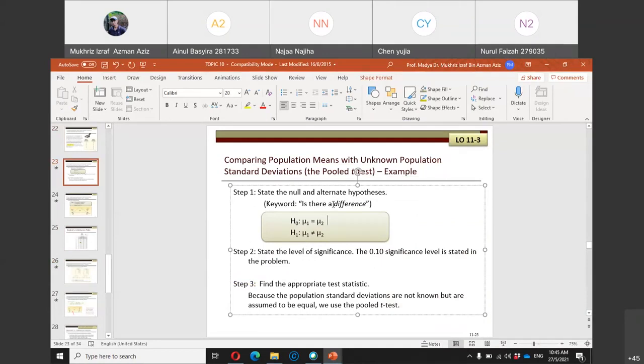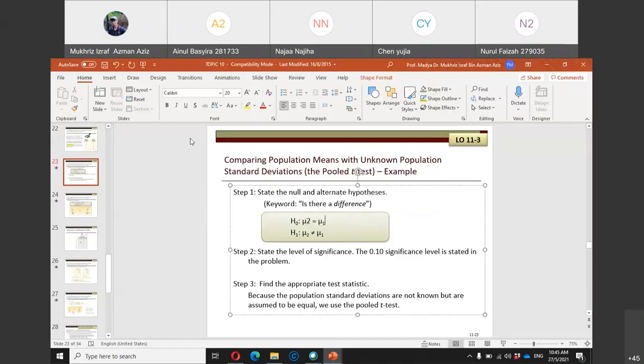But if you are testing a difference, it doesn't matter. Let's say student number 1 puts mu1 not equal to mu2. Student number 2, let's say, instead of mu1, puts mu2 not equal to mu1. That is also correct.